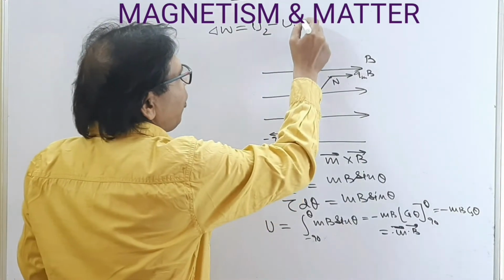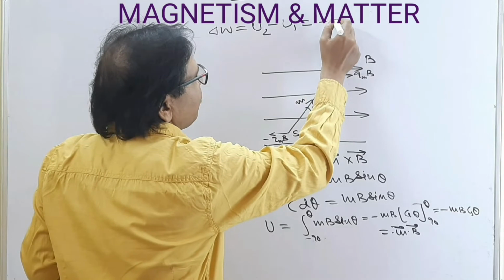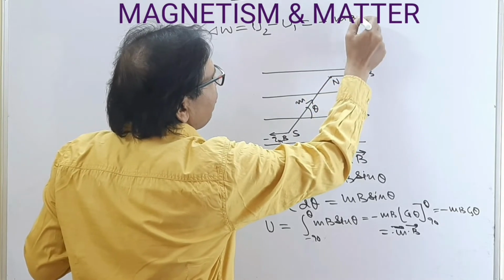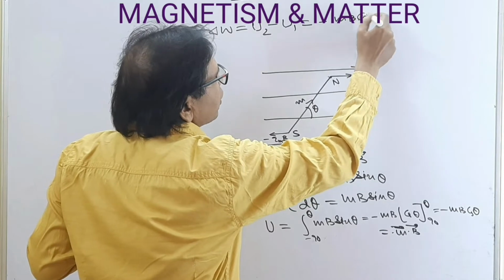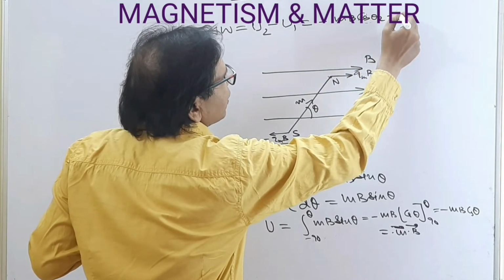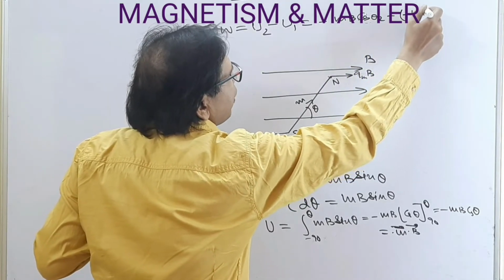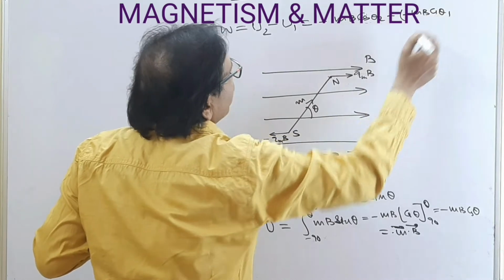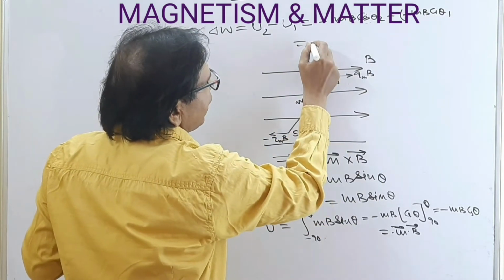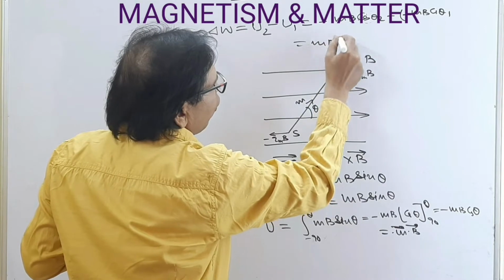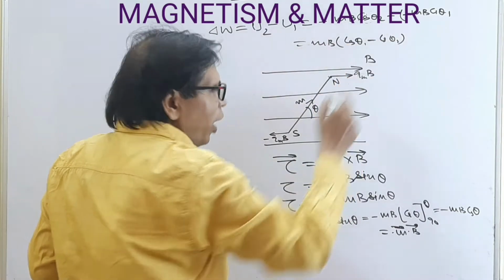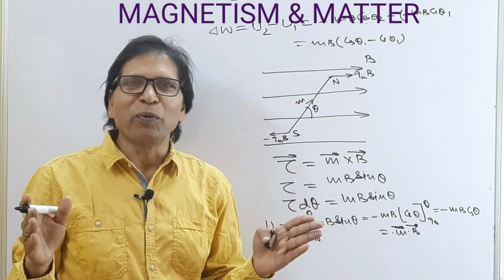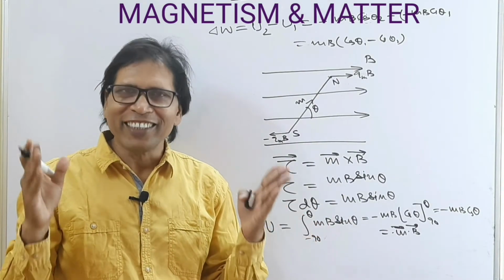The potential energy at the final point is minus mB cos theta 2, minus the initial, minus mB cos theta 1. Okay, so look at this, mB (cos theta 1 minus cos theta 2) is the work done to turn a dipole from theta 1 to theta 2.